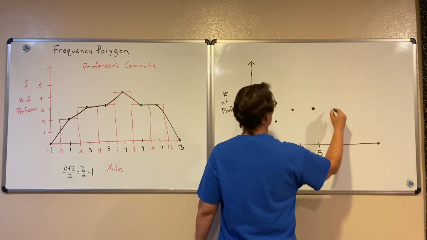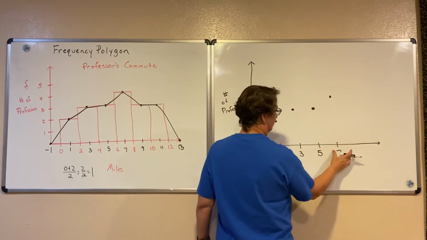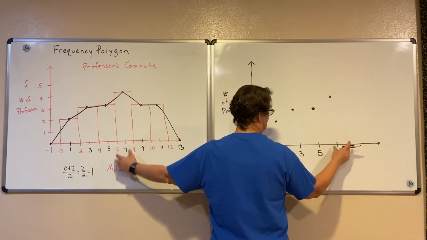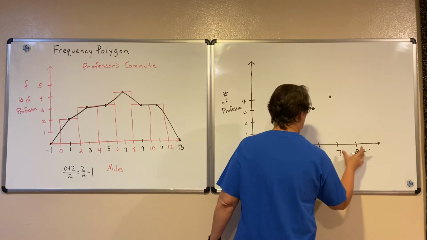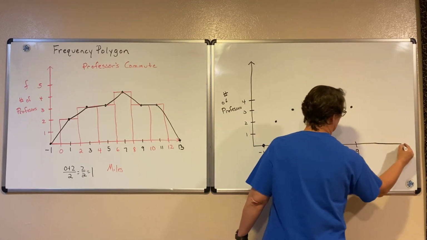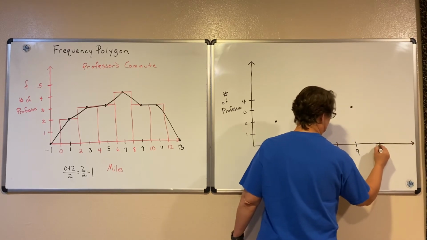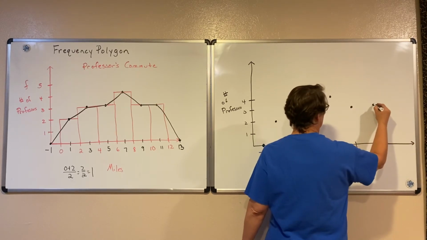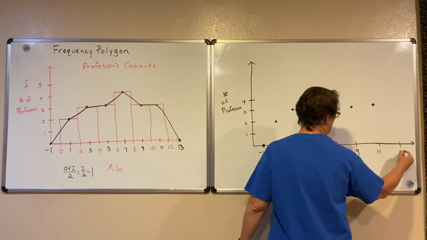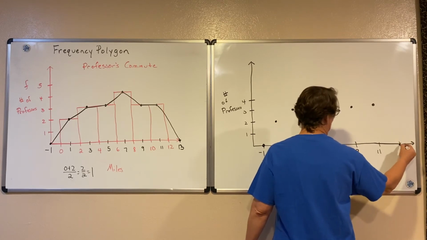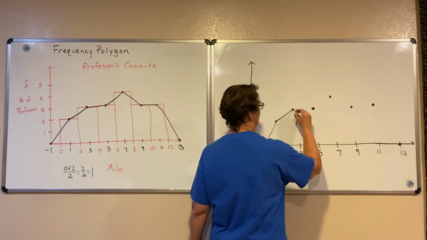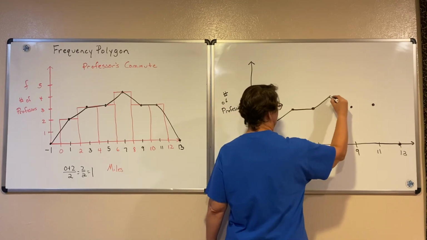At 7, we go up to the 4, and this represents that class of 6 to 8. Then out to 9, there were 3 data values in that class. At 11, there are 3 data values in that class. And then we move past that last class to 13, and there weren't any in there. There were none that were in the class of 12 to 14.